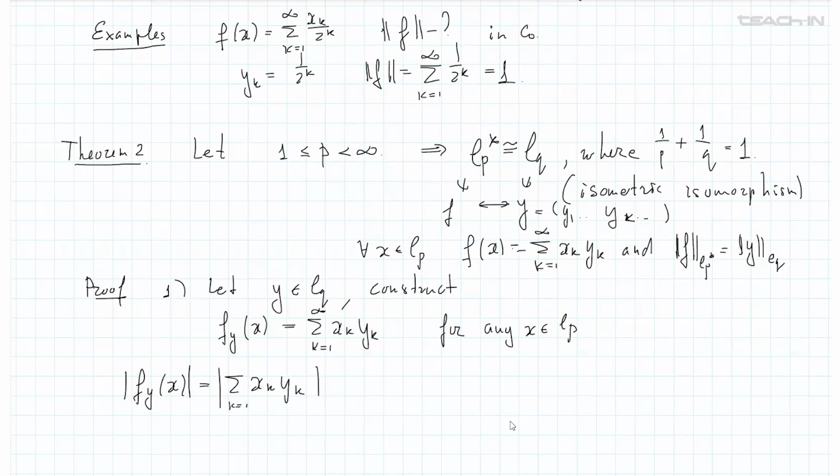What inequality can we use here? What inequality can we use for this sum? Again, put the absolute value inside, and then use the Hölder inequality.